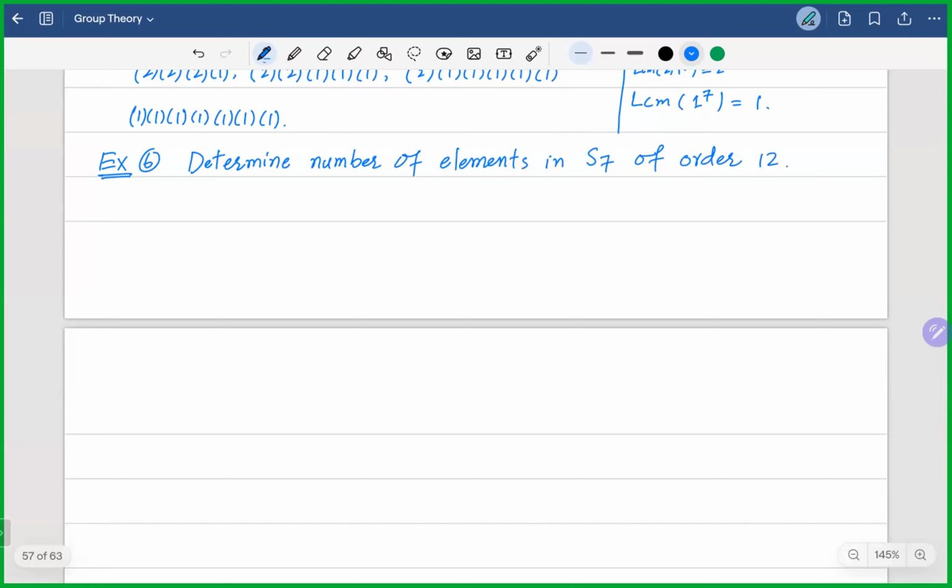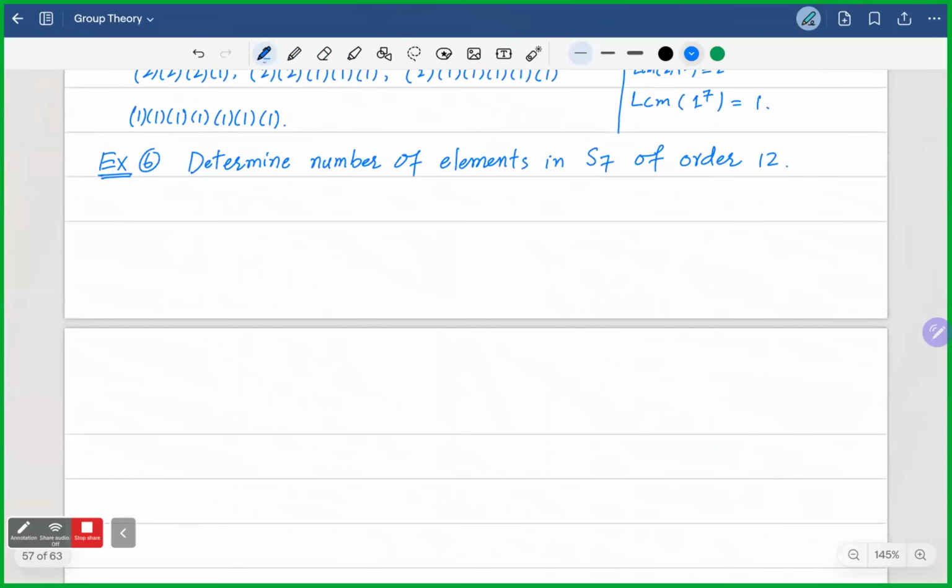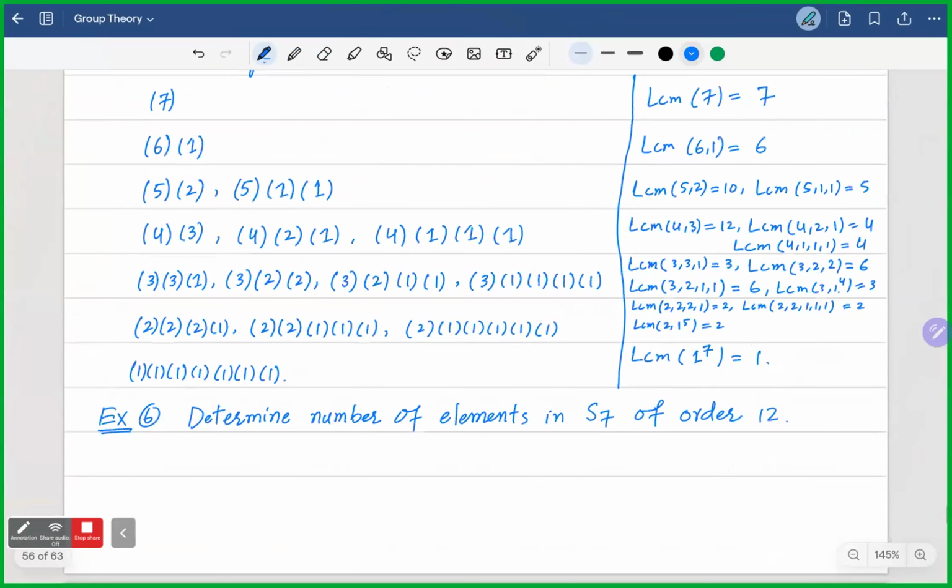Now we know that there are elements of order 12 in S7 because there is a cycle 4, 3.